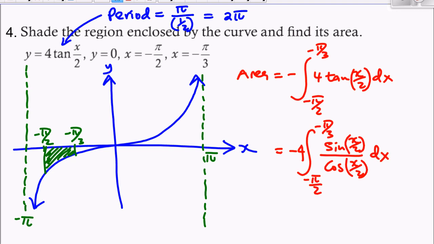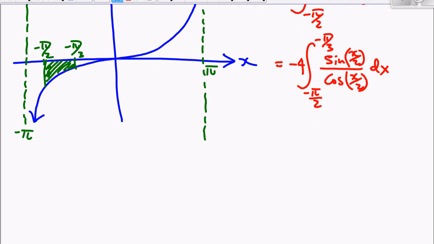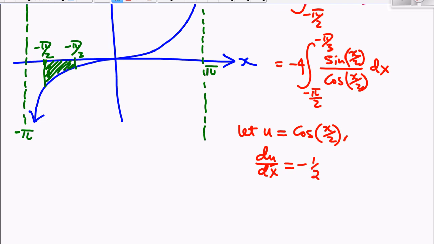This will give me, okay, we may have to use some substitution here. So let u be equal to cos x over 2. Which means du over dx will be equal to negative, remember I'm differentiating here, a half sine x over 2.